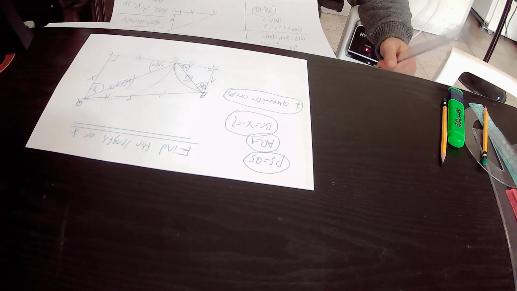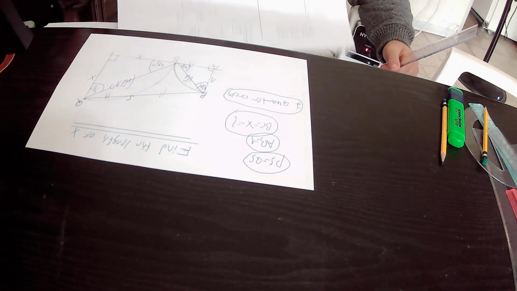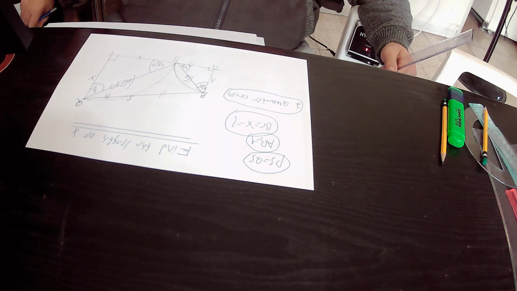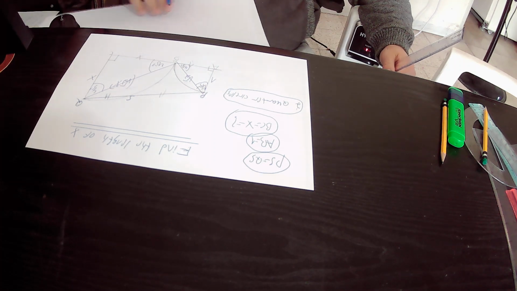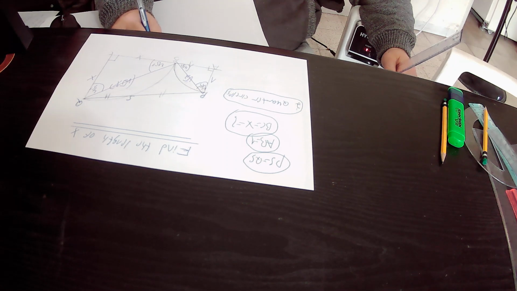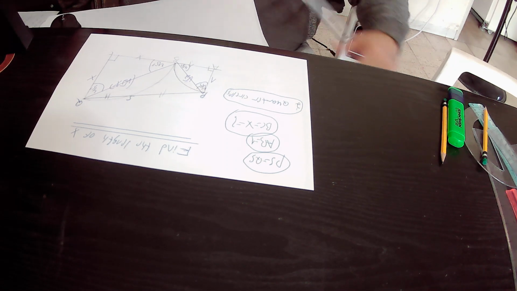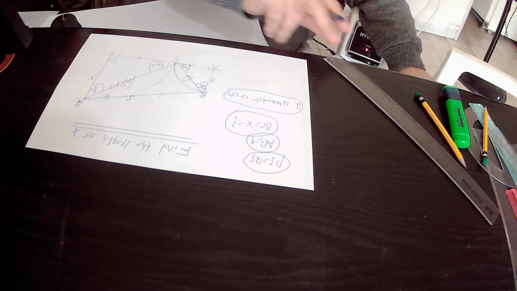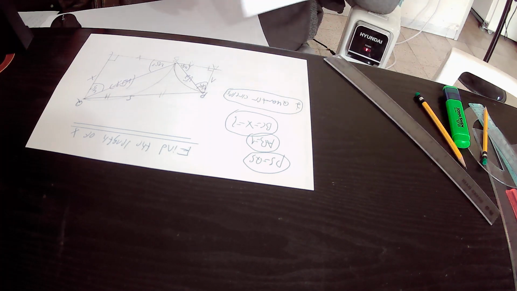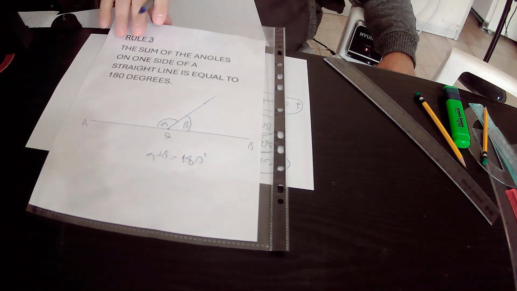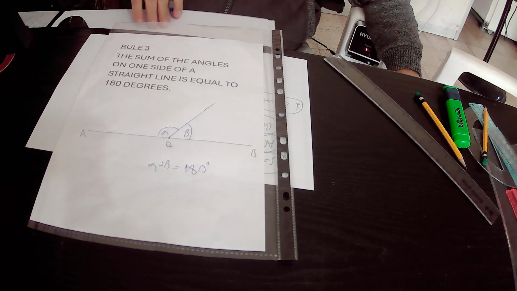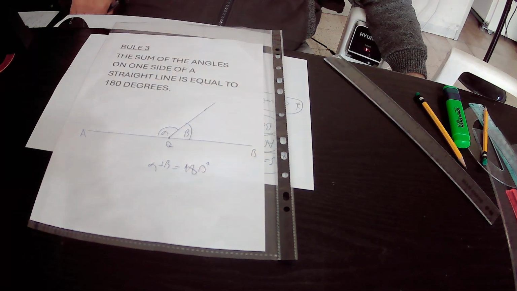Okay, in the next step I will present a new rule, and we will implement rule number 3 in our drawing. According to rule number 3, the sum of the angles on one side of a straight line is equal to 180 degrees.